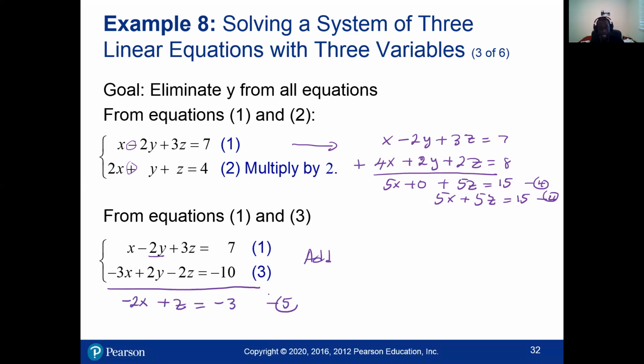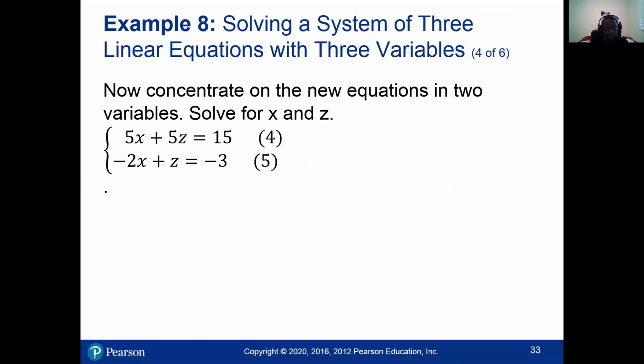Now you see that we have two equations in two variables, x and z. So we're going to treat them as a system of two equations and solve for x and z. Then after we finish, we put those two values into equation 1 and solve for y. So these are our two equations. Now, how do I eliminate x or z from this?